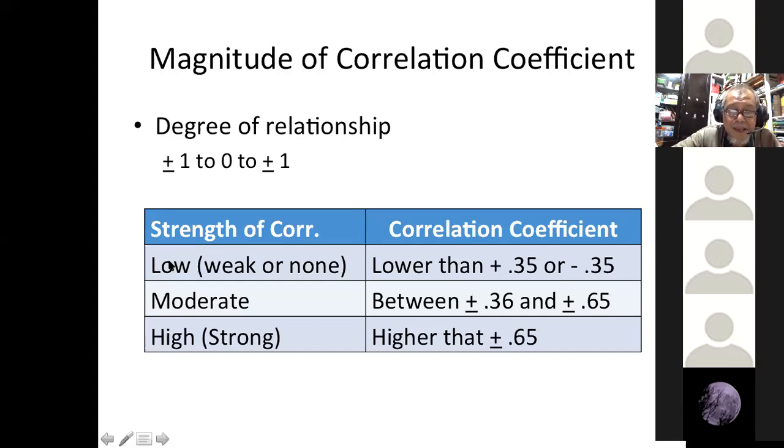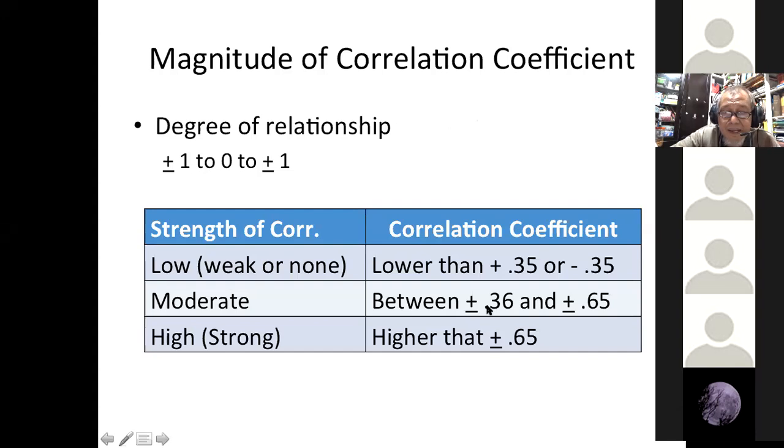This is the interpretation of the correlation coefficient. When the correlation coefficient that you have calculated is between 0.35 or minus 0.35 or below, that means the magnitude of the correlation is weak or low. So the correlation is weak. We call it the magnitude of the correlation, the strength.